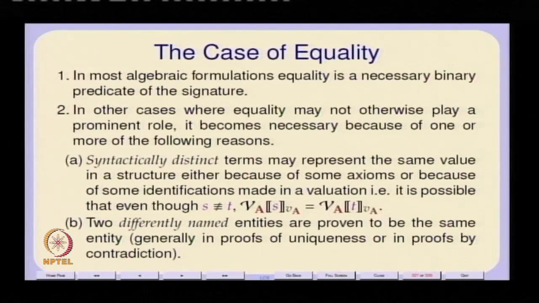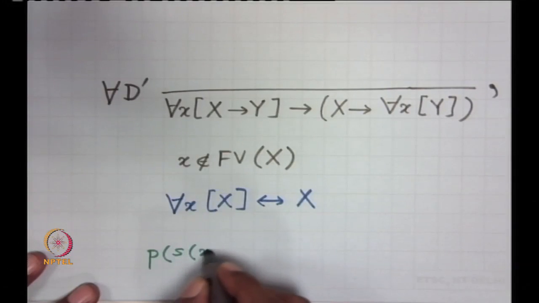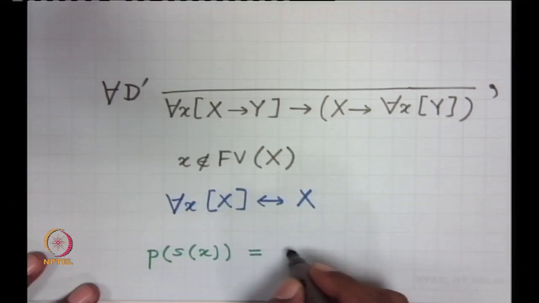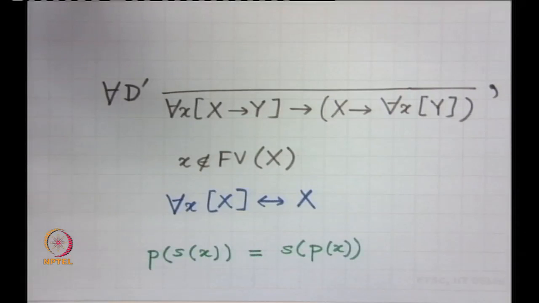One is that you might have a term representation of something like the natural numbers, for example. So what you want to say is that even in the natural numbers, or the integers with successor and predecessor functions, the predecessor of the successor of any x is equal to the successor of the predecessor of the same x.